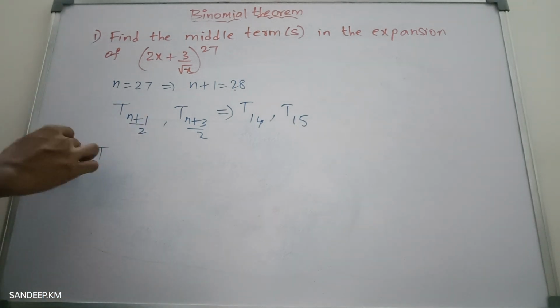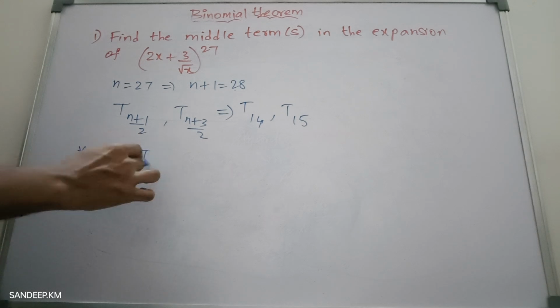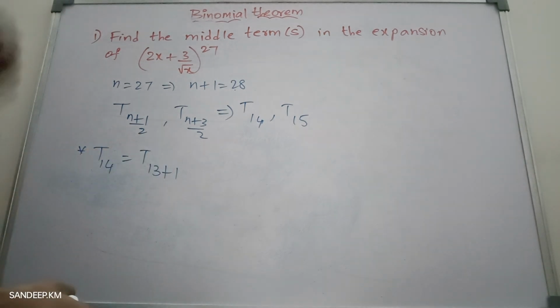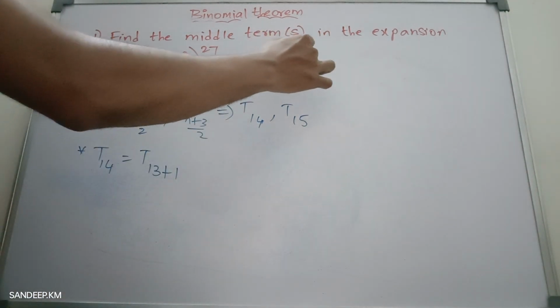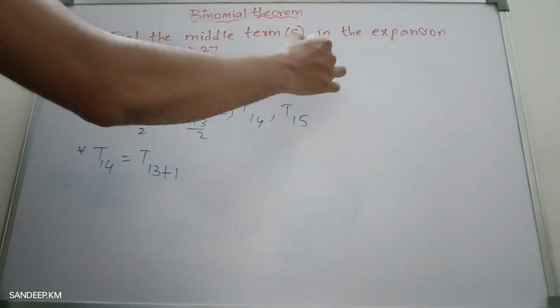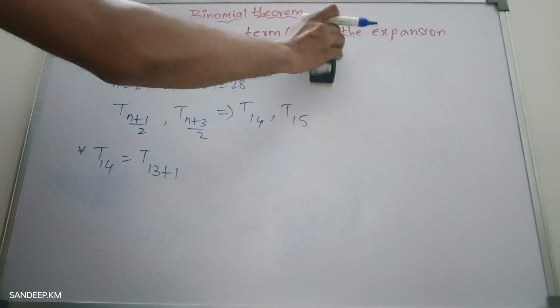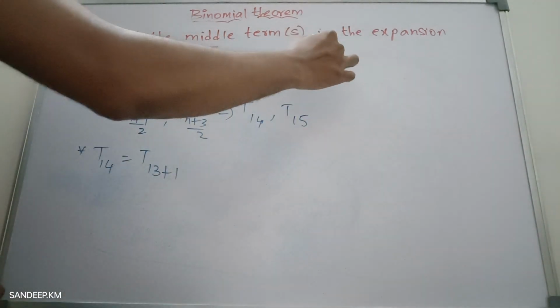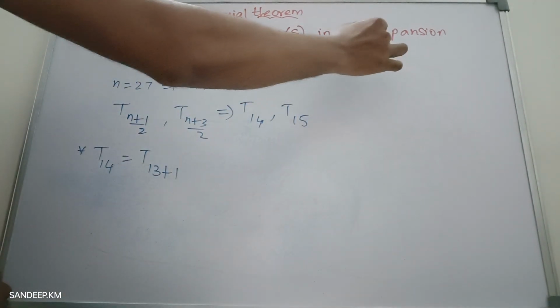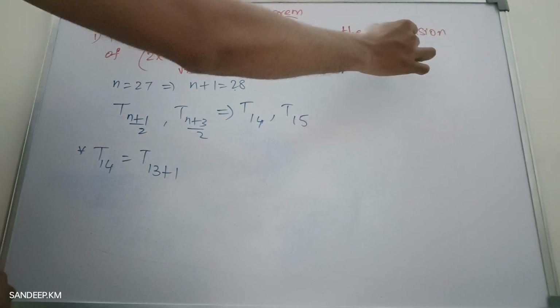What about the first middle term? T14. T14 can be written as T13+1. And let us use the general term formula. T(r+1) is equal to nCr into the first term power n minus r into the second term power r.